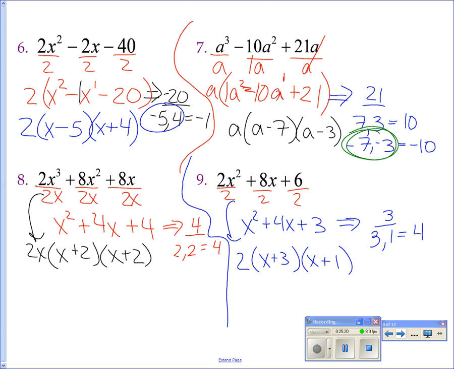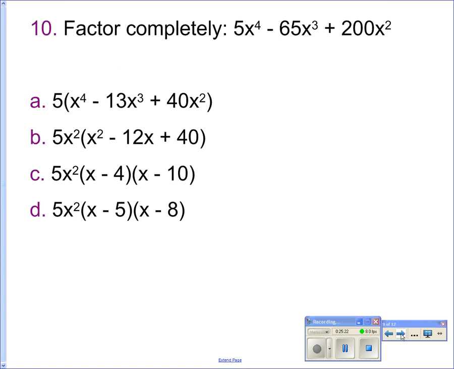Okay, if you will pay attention on this one, you don't have to write it down. Eyes up here. I've got 5x to the 4th, 65x cubed, and 200x squared, which, I mean, those are big numbers, lots of stuff going on, looks bad. However, it's multiple choice, so that makes it a little nicer.